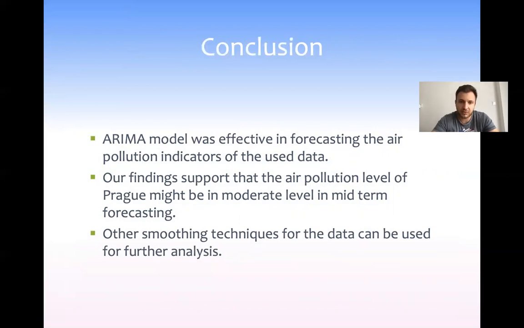Our findings also support that the air pollution level of Prague might be at a moderate level in the midterm, let's say 2.5 years. We may use a long period of data to understand the next 5-10 years, but for a small amount of data, it's better to use 2-3 years. So we can safely predict only 2.5 years for this analysis.